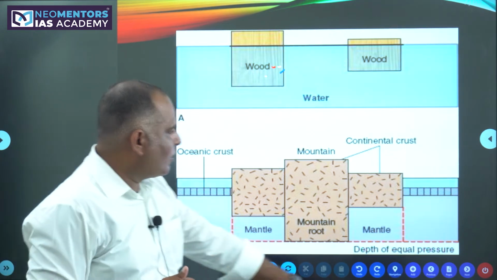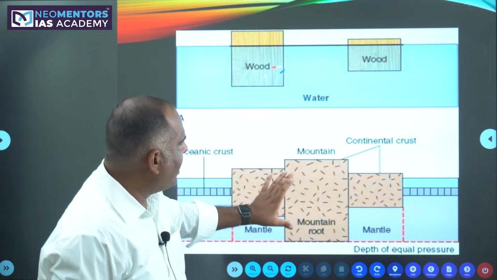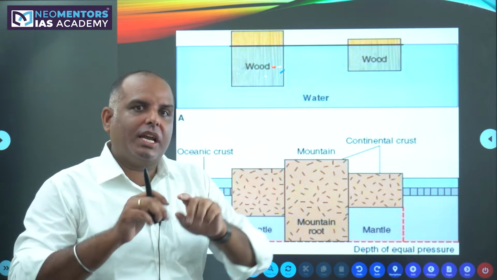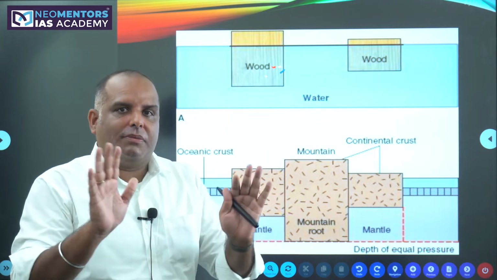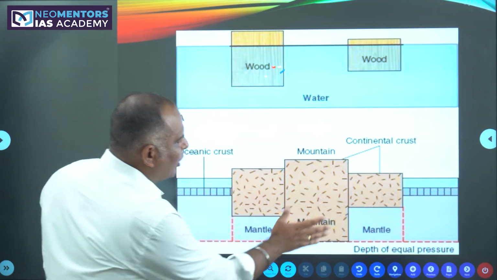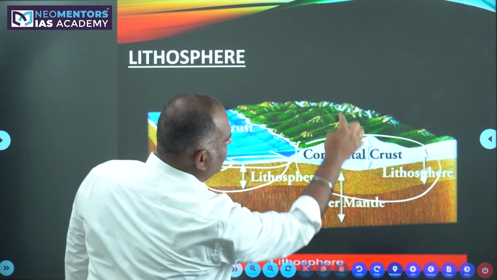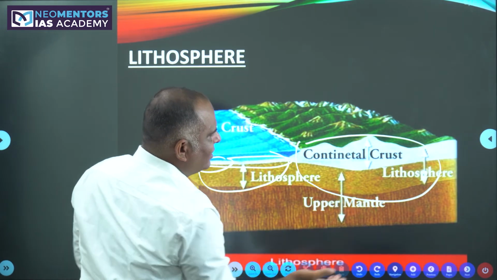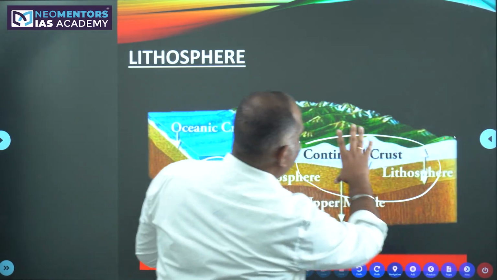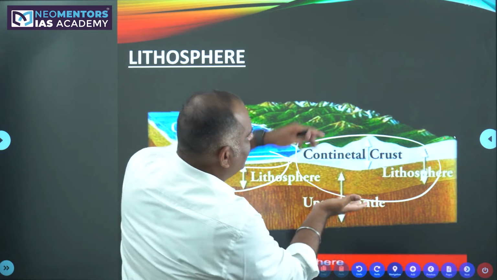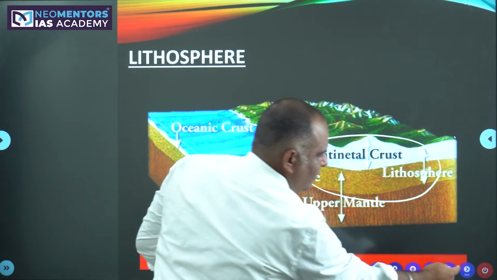Similarly, if I go to the previous example where we had a mountain in the continental crust, let's assume that the density of the continental crust is equal. From here to here, I have a mountain, which means the volume is more. Since the density is the same but the volume is more, the weight is more, so this particular region has to subside more.